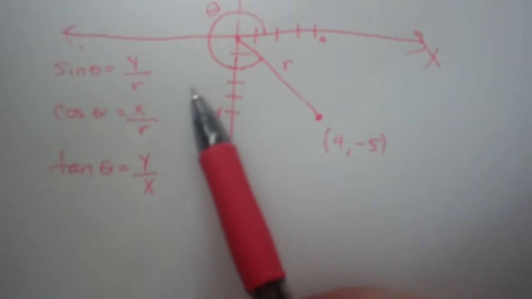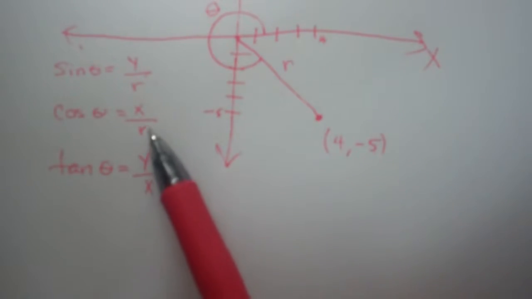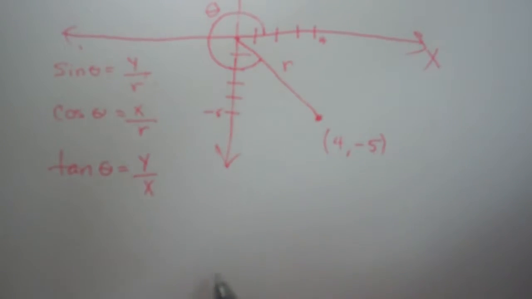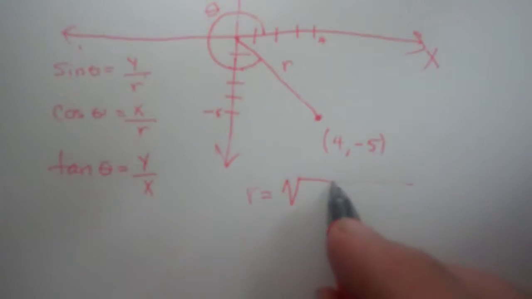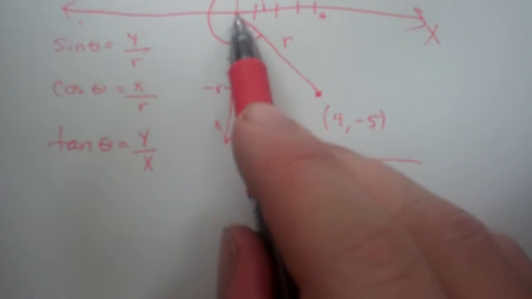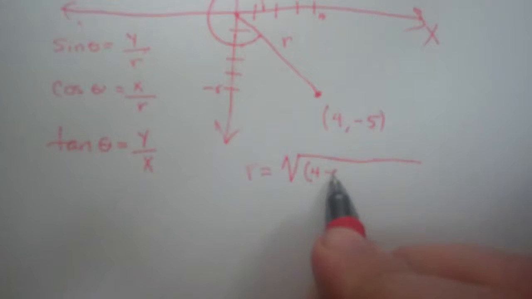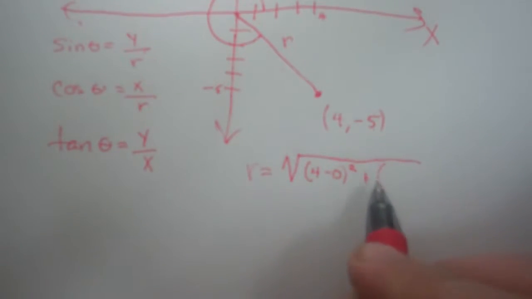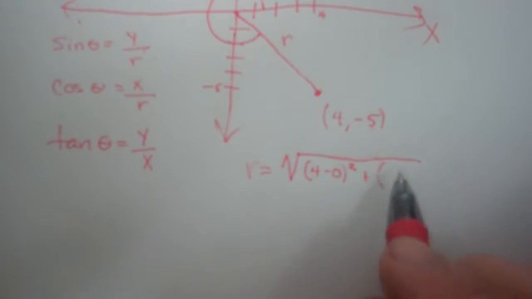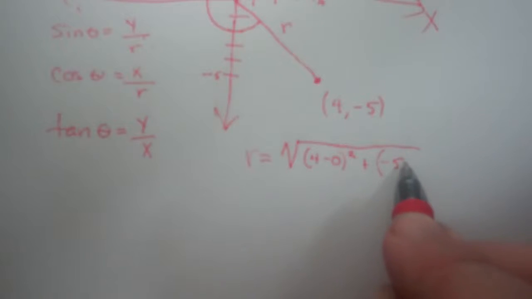Let's use these definitions. In order to use these definitions, we'll need to know what is r, this distance. And since it is a distance, we can use the distance formula. So r is equal to the square root of this x-coordinate minus the x-coordinate from the origin, so that's (4 minus 0) squared, plus this y-coordinate minus the y-coordinate at the origin, so that's (-5 minus 0) squared.